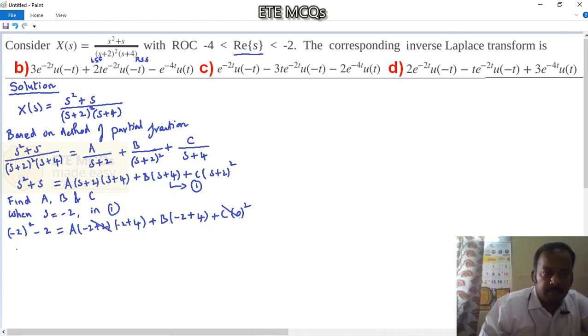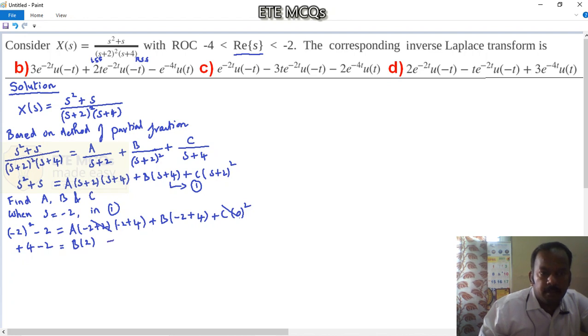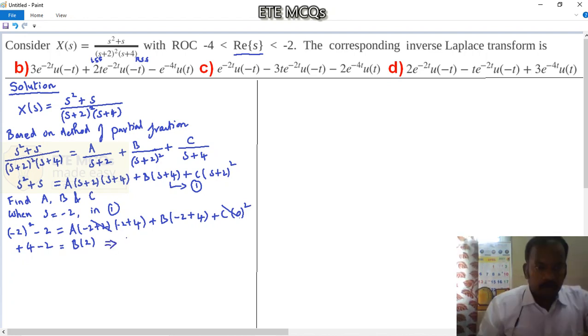So we have 4 minus 2, which is 2, equal to B into 2, that is 2 equals 2B. So we have got B is equal to 1.